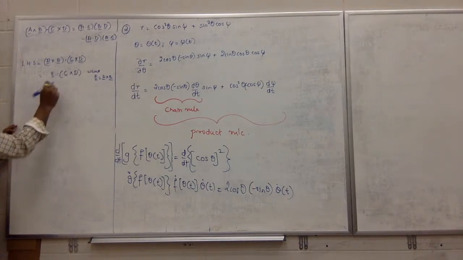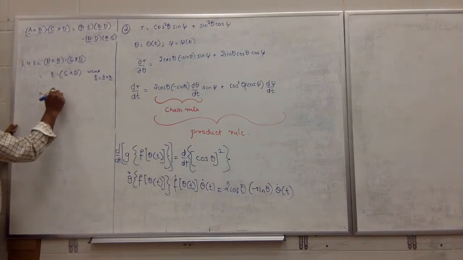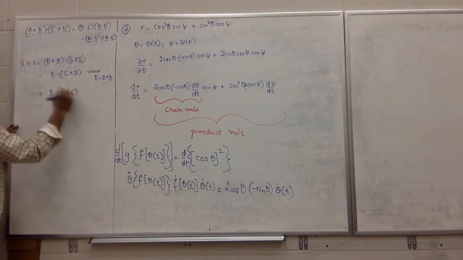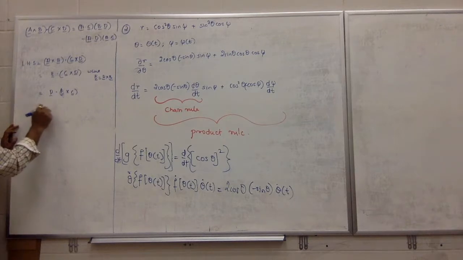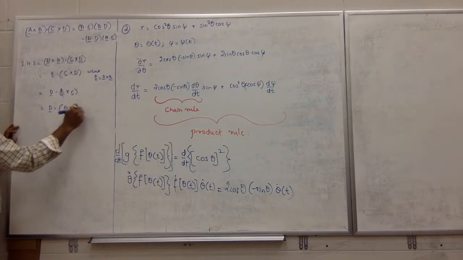Now you can do the cyclic rotation. You get D dot E cross C, and now you split it open again: A cross B cross C.